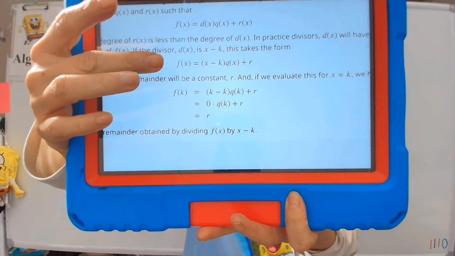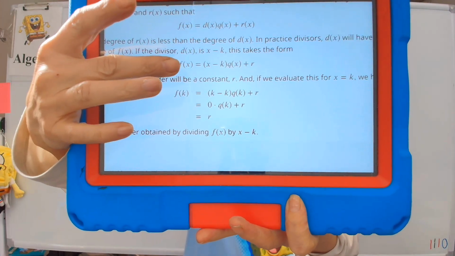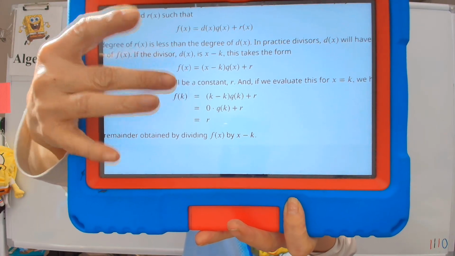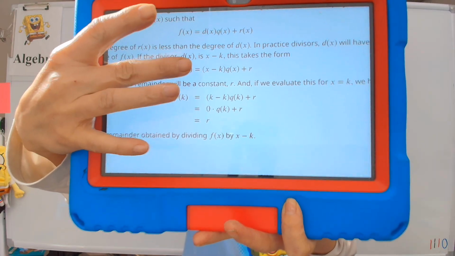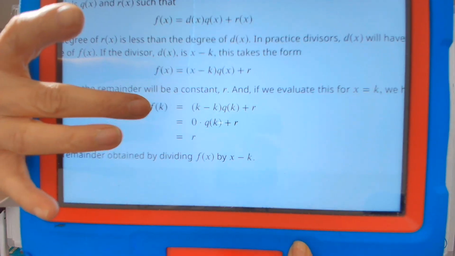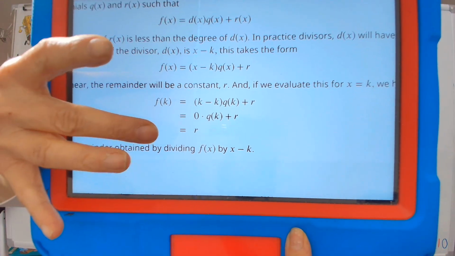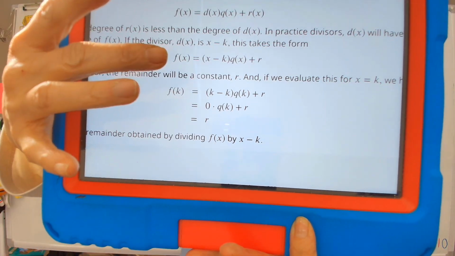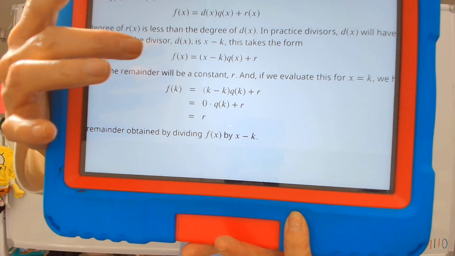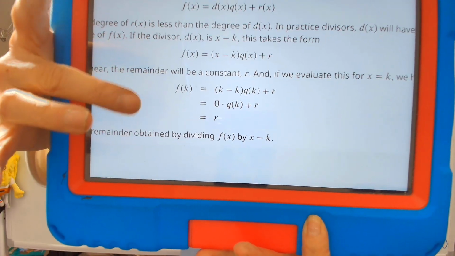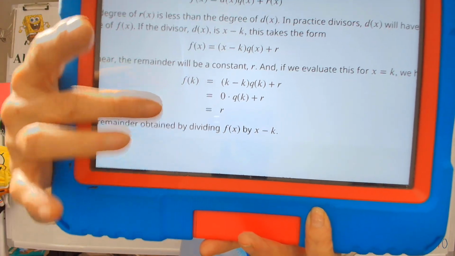If you plug x equal to k into this equation, so now it becomes f of k, then you have k minus k in this part, which means that will become 0, so f of k is going to be whatever's left, that remainder part. And so as a result, the remainder based on this information can be calculated.